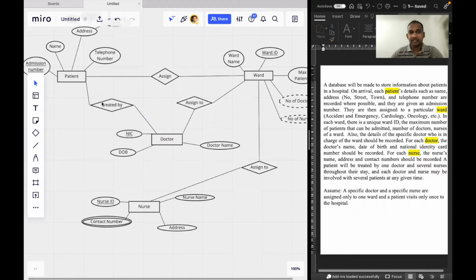Okay, the patient is treated by a particular doctor, as well as the patient can be treated by several nurses. There is another relationship between patient and nurse.